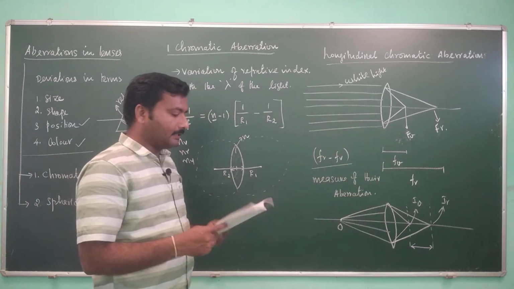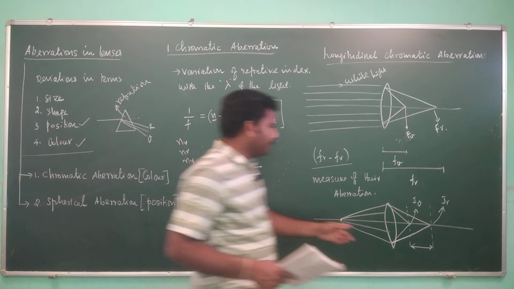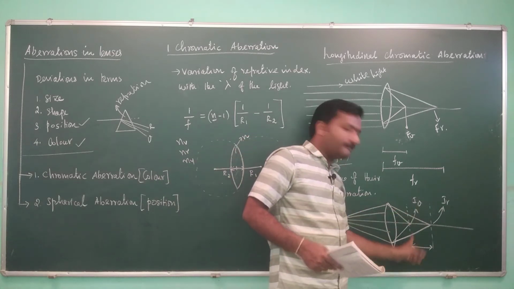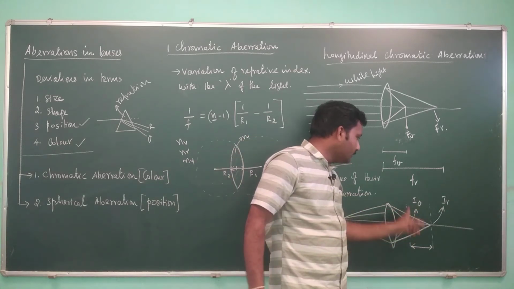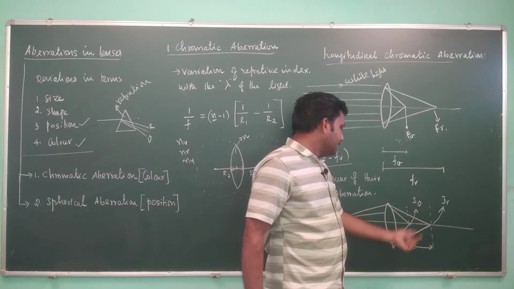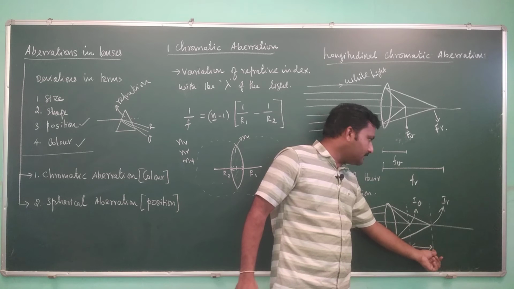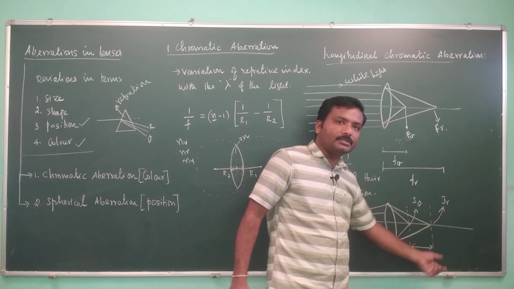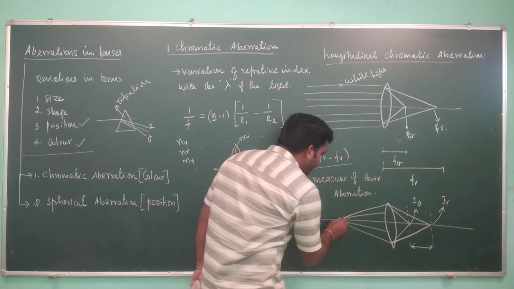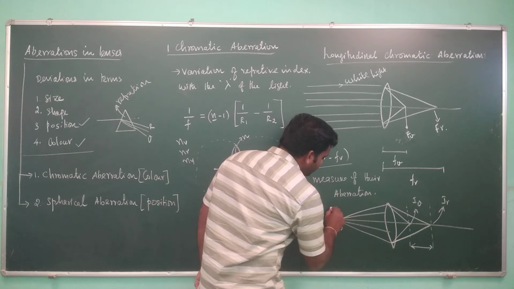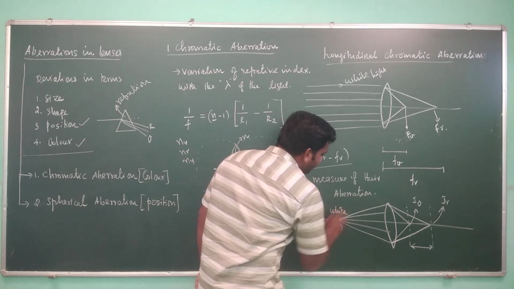Now when we place the screen at this place, you can get only the violet colored image, and if you place the screen at this place, you will get only the red colored image. This object is a white point source.